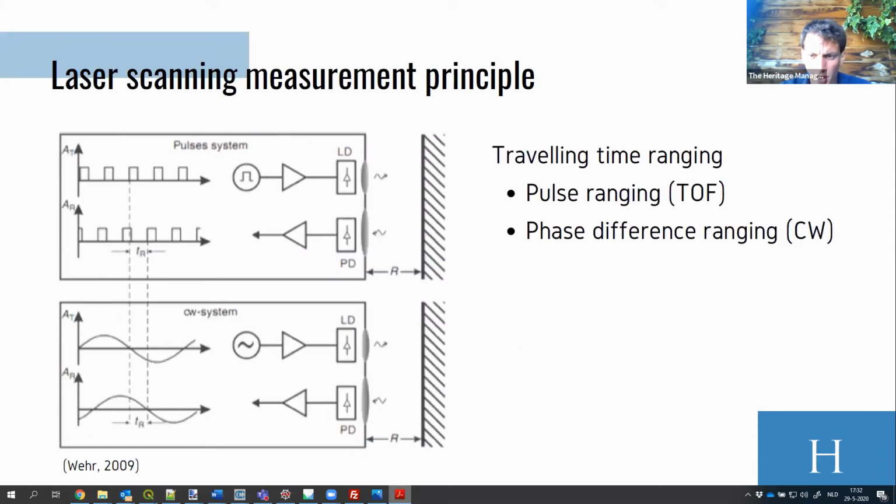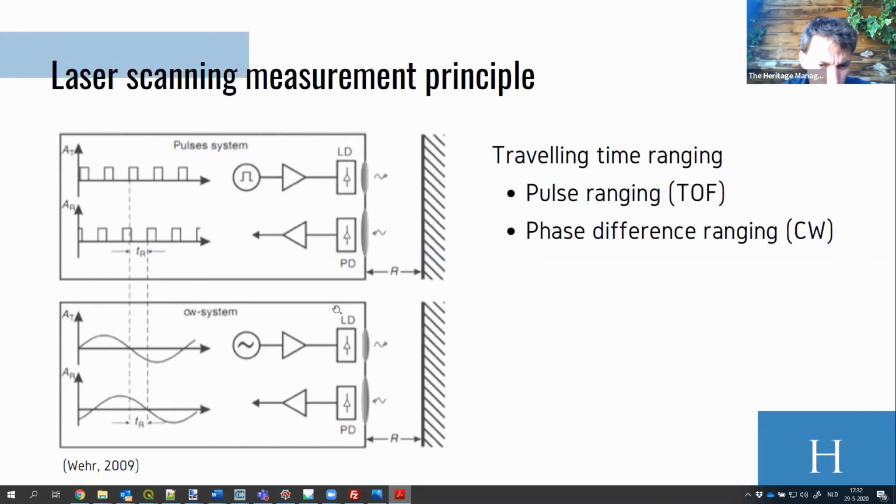So here is another way of doing that, in this case, the pulse-based scanner: a pulse, an emission, a reflection, detection. We have the start of our pulse, which you see here in this simple graph, and the detection a certain amount of time later, and based on that time of flight, we can extract the distance using the speed of light.